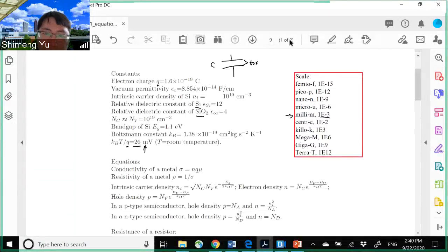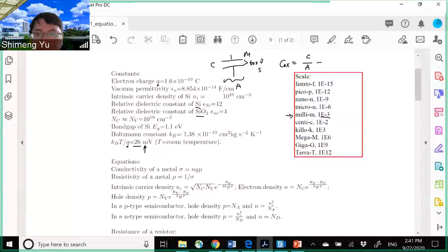For example, if this is a MOS cap, then the COX is the capacitance per unit area, normalized to the area. If the area is A, then the total capacitance divided by A is the unit area capacitance, and that is COX.